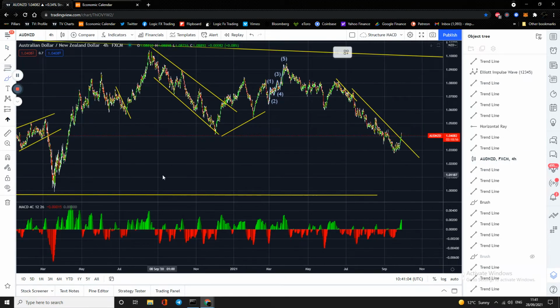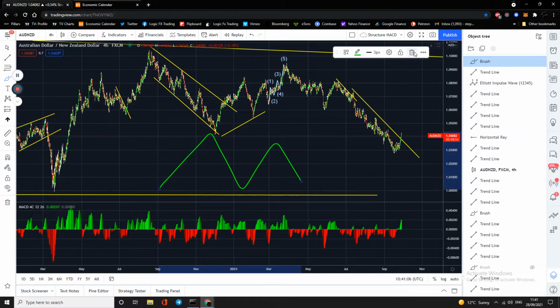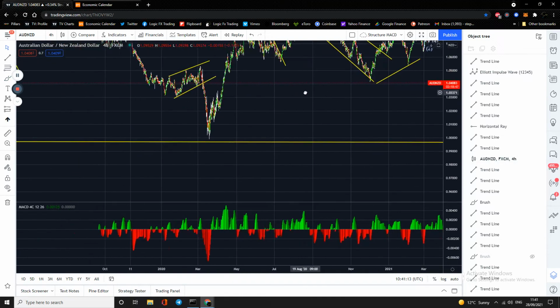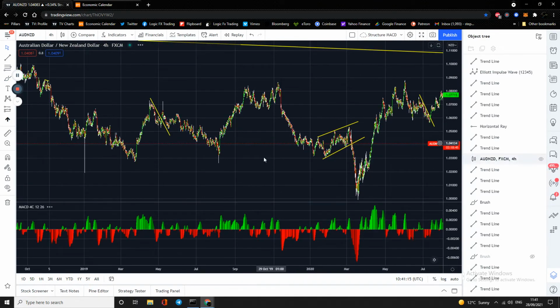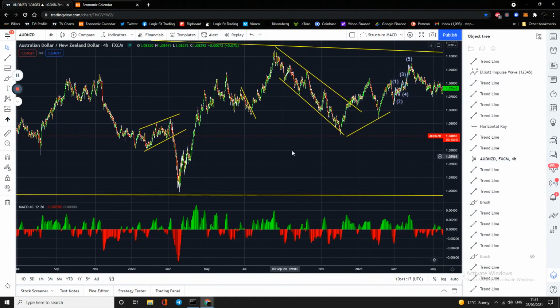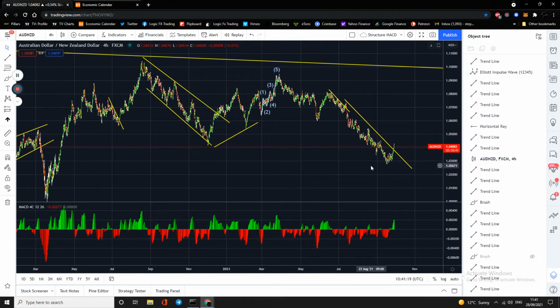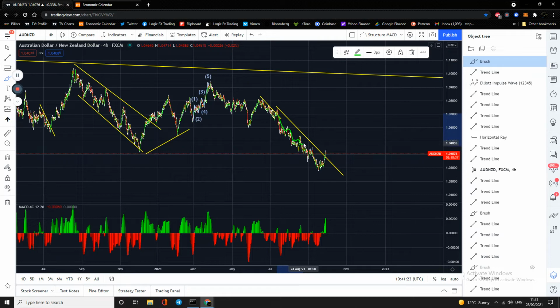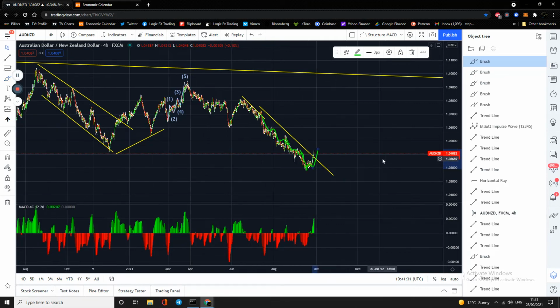Remember, this pair runs like that. It's been doing it for years. And each time it gets down to the bottom end, or toward the bottom end of the structure, I start to look to trade it the other way. Recently I've been saying, listen, I'm waiting for a breakout. That's possibly the breakout.